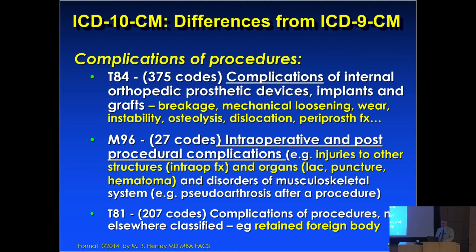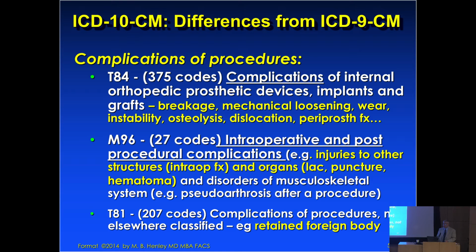They want us to also report our complications or other medical misadventures, and there are lots of codes for complications of internal prosthetic devices, implants, and grafts, including breakage of an implant, mechanical loosening, wear, instability, osteolysis, dislocation, periprosthetic fracture. All of those are now reportable and classifiable.